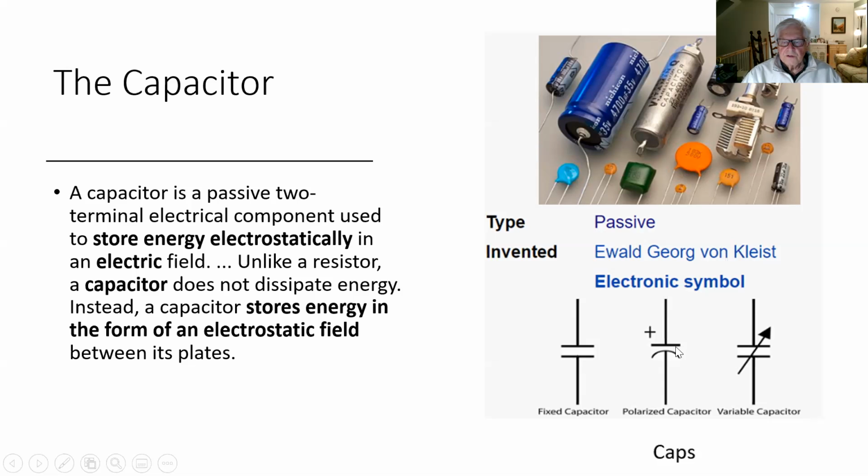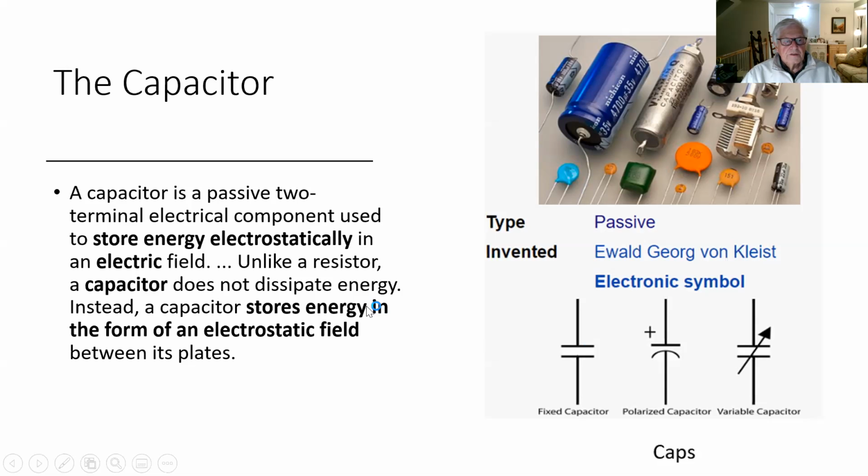Polarized capacitors are used in a lot of power supply circuits to maintain a steady voltage. Fixed capacitors are used for various reasons, and it's the fixed capacitors that we're going to be talking about mostly.